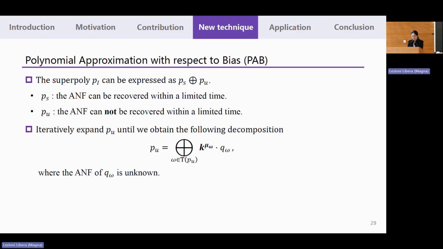Then we decompose the polynomial Pu in the following form. Note that the polynomial q omega is still very complex, whose ANF is unknown.